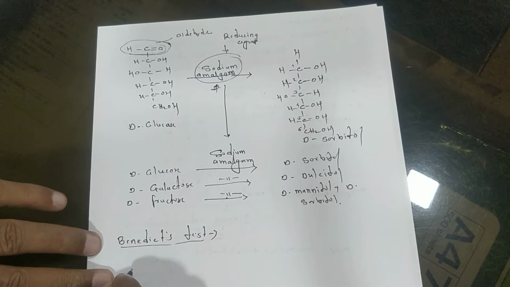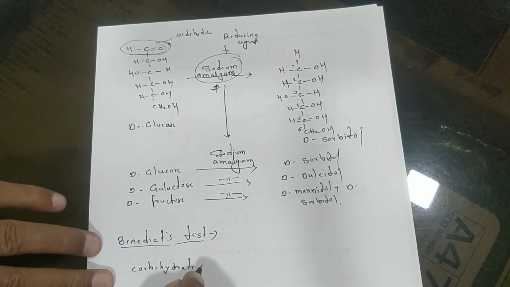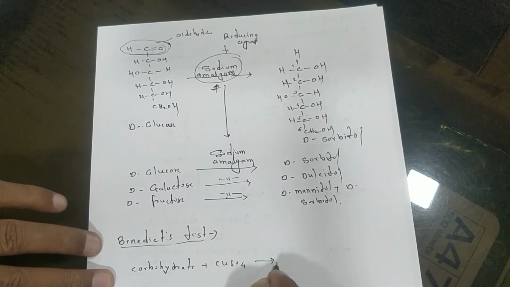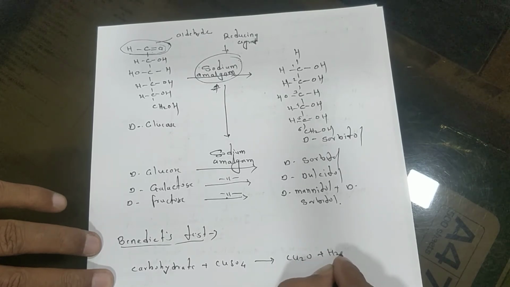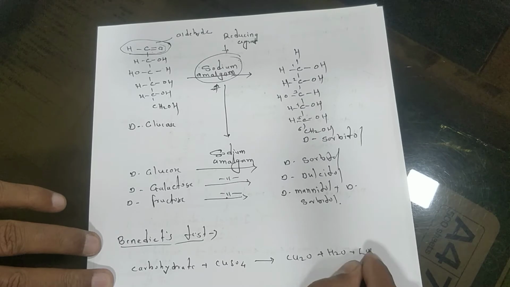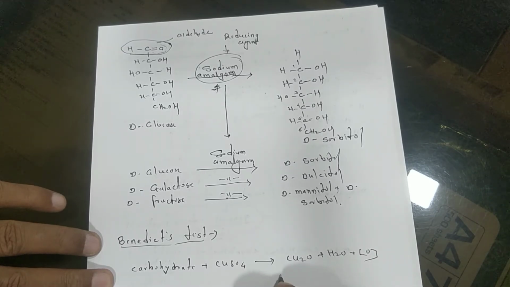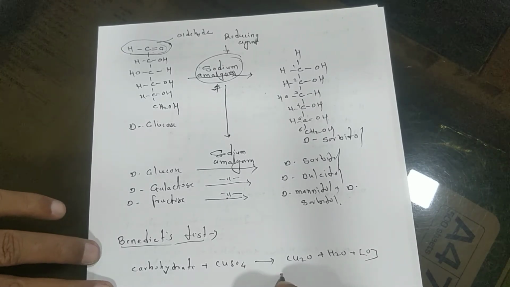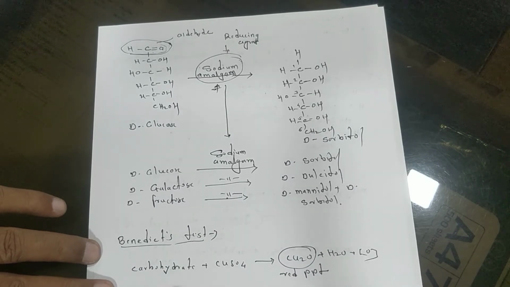Carbohydrate solution plus copper sulfate gives cuprous oxide, removing the water molecule and nascent oxygen, and that gives the red color. Red precipitation occurs because of the cuprous oxide. Okay, these are the Benedict test.